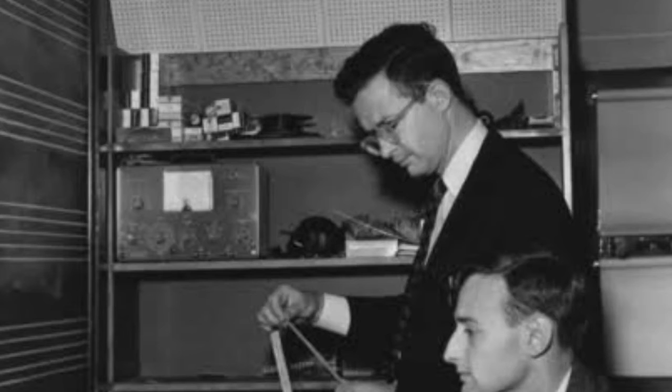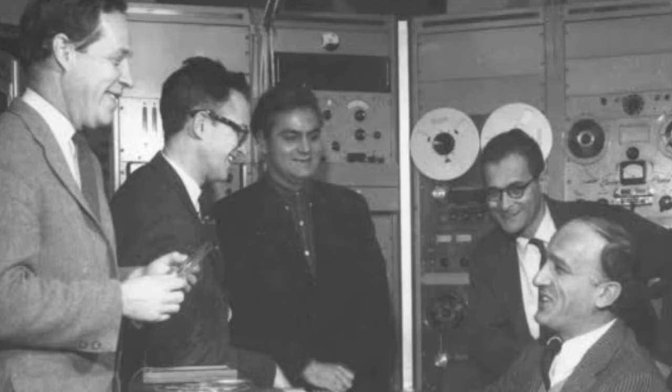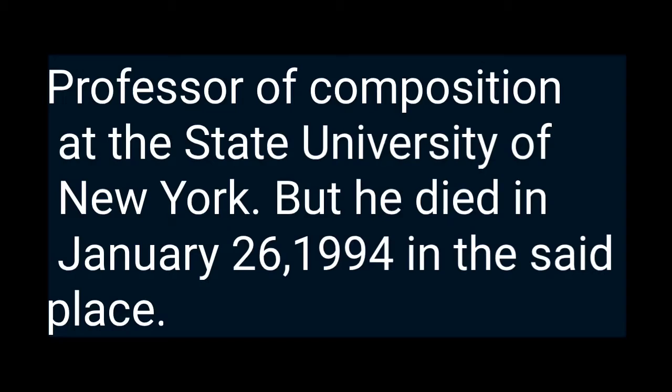Hiller founded the Experimental Music Studio at the University of Illinois in the late 50s and served as a professor of composition at the State University of New York, where he died on January 26, 1994.